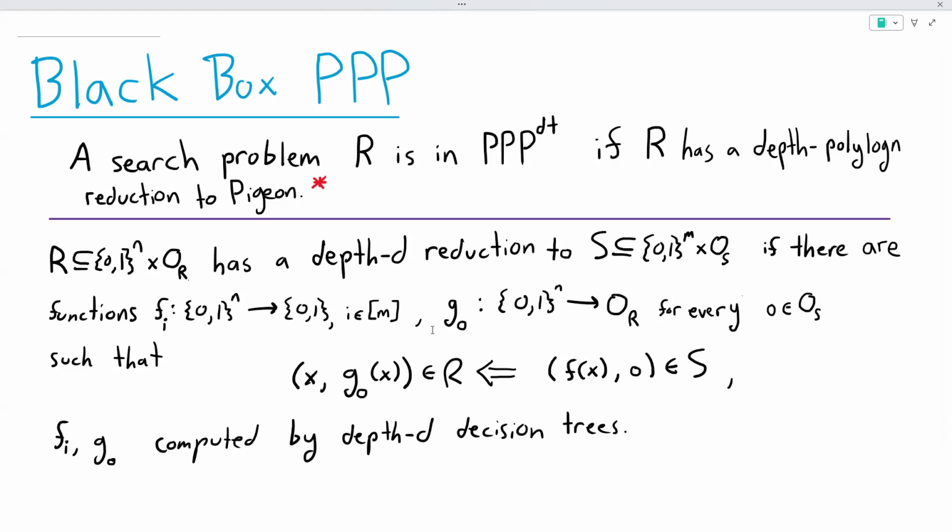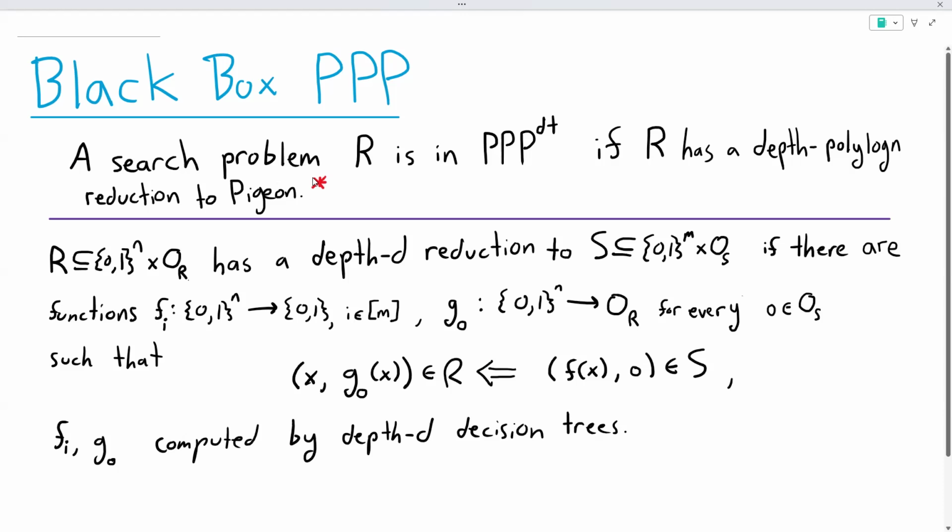R on n-bit inputs and solution set O of R. This will have a depth d reduction to S, which has m-bit inputs and solution set O of S, if there are functions f of i mapping n bits to 0 or 1 for every i from 1 to m, remember m being the input size of S, and for every solution o in the solution set of S, we'll have a function g of o, which maps solutions of S to solutions of R. So just in the normal way reductions work, we'll have maps mapping the input for R to an input of S, and we'll have a reverse map taking the solution for S back to a solution for R. And all of these functions, f of i and g of o, are going to be computed by depth d decision trees.